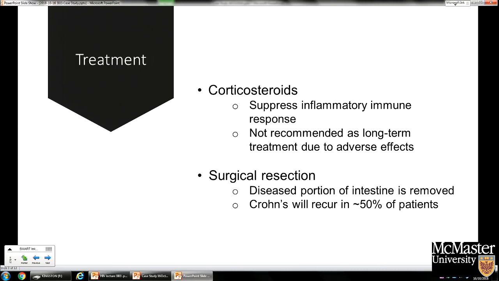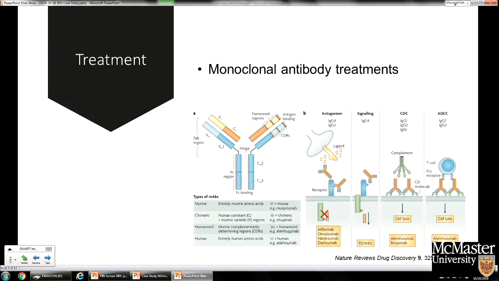As these are imperfect treatments, there have also been new developments in regards to monoclonal antibody treatments. You haven't learned too much about antibodies thus far, so I'll go over a little bit here. A monoclonal antibody would be specific to one epitope, and these antibodies can have various mechanisms of action.